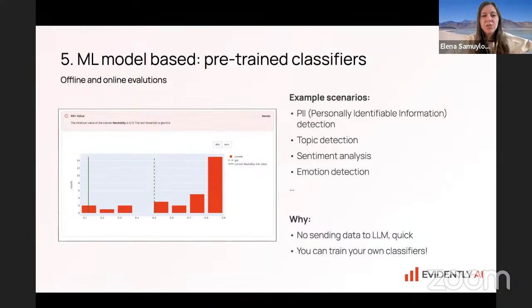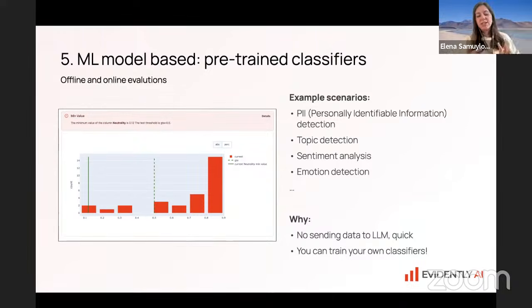On this screenshot, I used it for neutrality detection, or more like detecting texts that are not neutral to actually look at them. This is not as fast as regular expressions, but it's much faster than working with LLMs. And if you have large data sets, you can maybe do a first pass where you evaluate something with a machine learning model, and then a second pass where you evaluate some other things that were not caught by this machine learning model with LLMs.